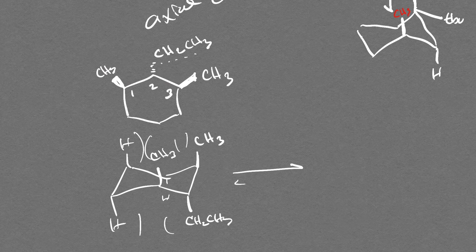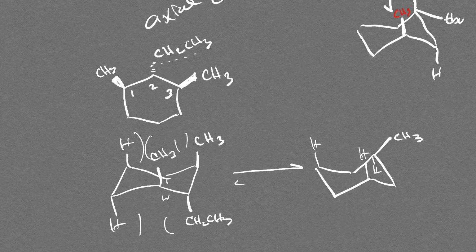So this is going to be strongly preferring a ring flip to put everything into the axial configuration. And when we do that, that CH3 goes there, and because now we have an axial hydrogen here, an axial hydrogen here, and an axial hydrogen here.